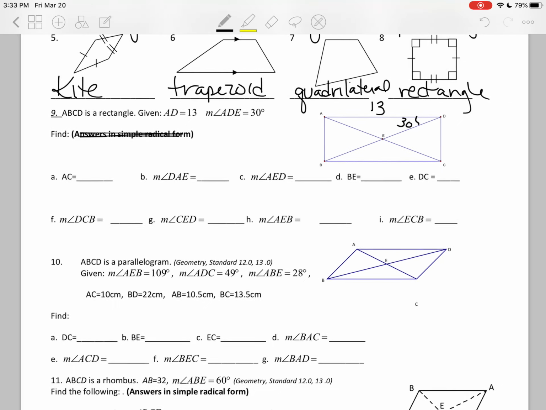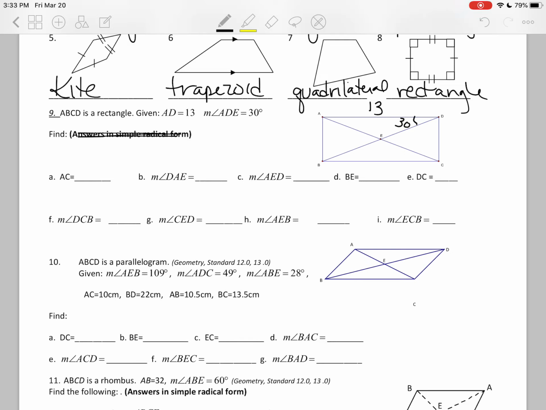Okay, so let's talk about our angles first. The angle they gave me was 30, and remember that each of the big angles of a rectangle is 90, so that makes this one 60. Also, the triangles here are all congruent.